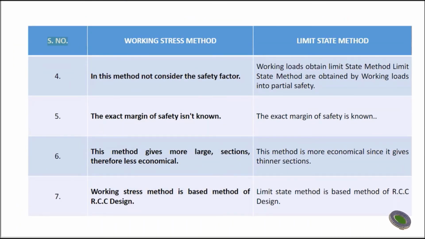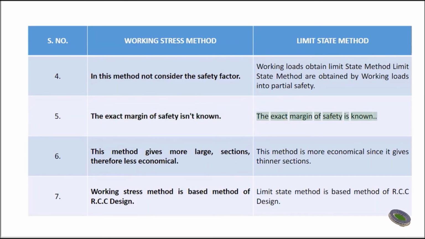Number 4. In the working stress method, the safety factor is not considered on loads. Working loads are used. In the limit state method, design loads are obtained by multiplying working loads by partial safety factors. Number 5. In the working stress method, the exact margin of safety isn't known.